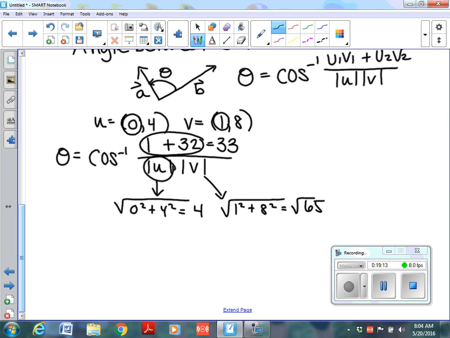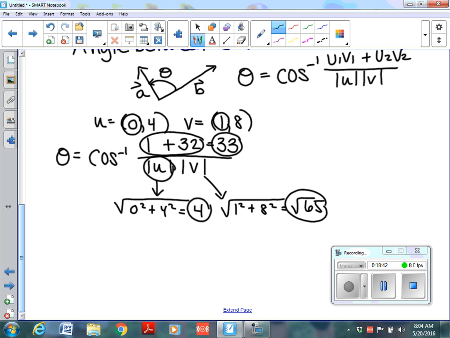So, on your calculator, you're going to take 33 and divide it by 4 times the square root of 65, and then do the inverse cosine. I don't know if this is even going to work, because I just made the problem up, but I'm just going to see what happens. Inverse cosine of 33 divided by 4 times the square root of 65.